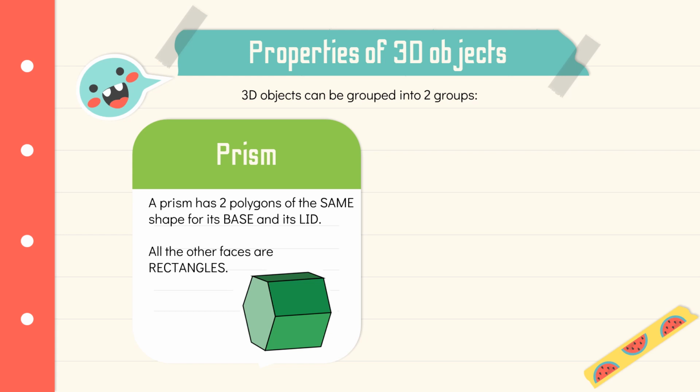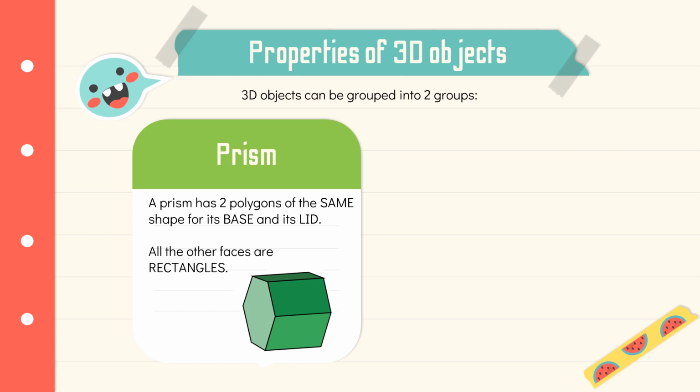So in this example, there is a hexagon as the base and the lid, and all the other faces are rectangles. So you name a prism after the shape of its base. This shape of the base is a hexagon, so it would be called a hexagon-based prism. Or you can make it sound a little bit better and call it a hexagonal prism.